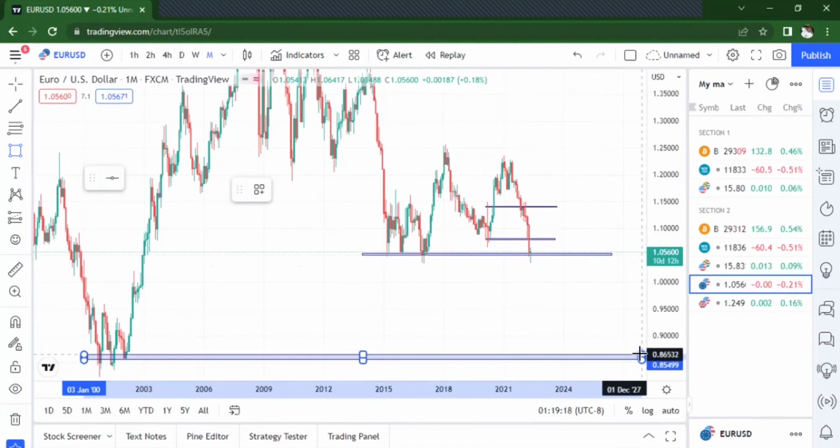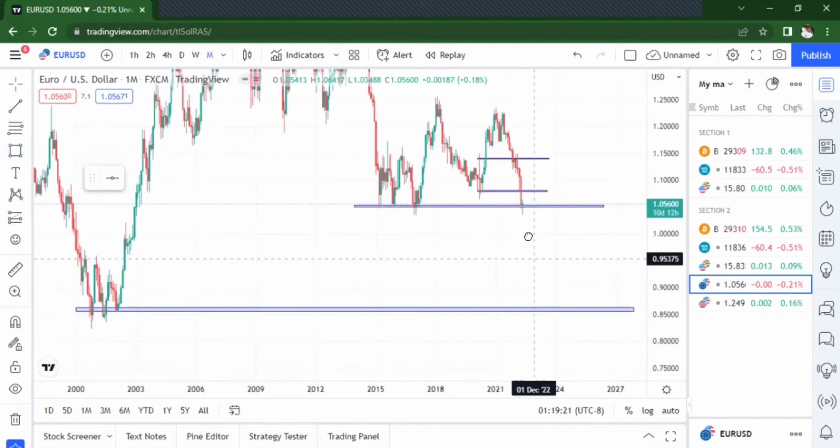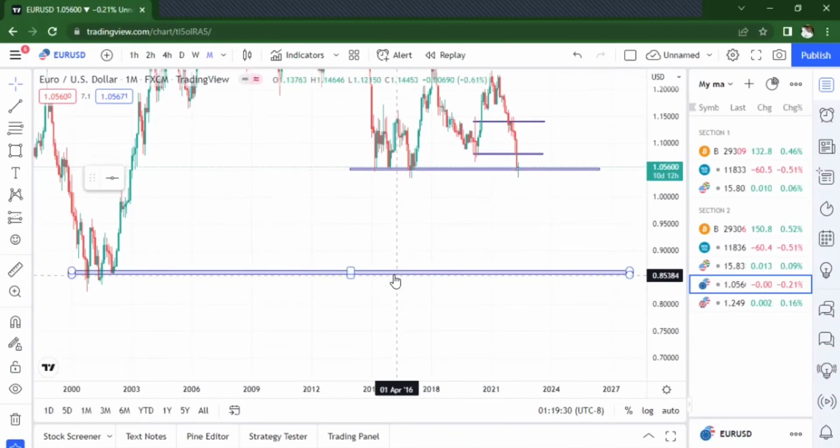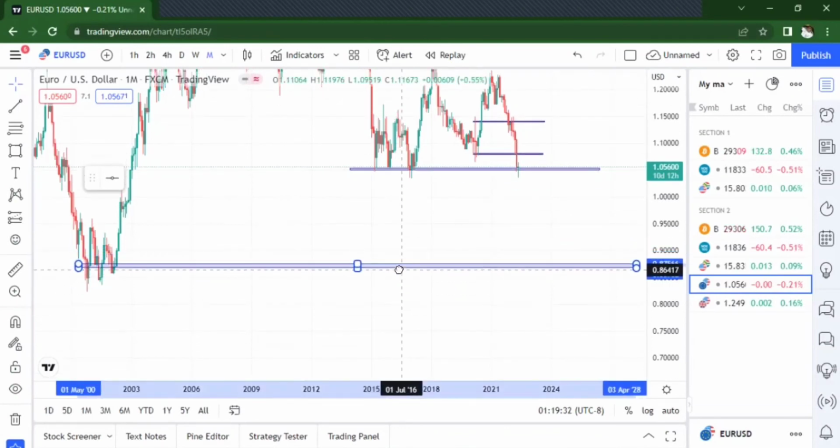The next target we are seeing Euro USD coming to is here. Psychological zones are also very important.